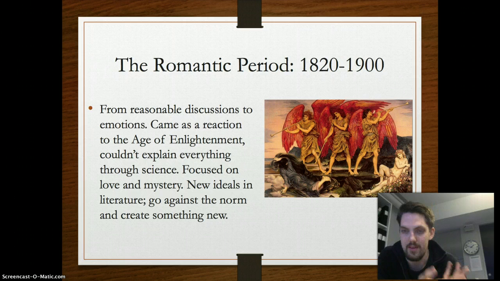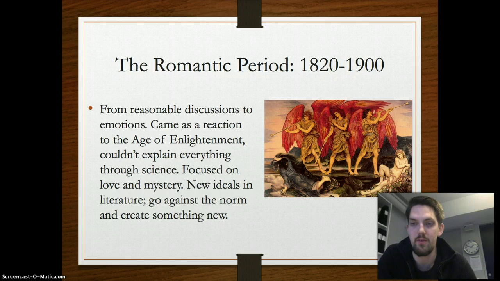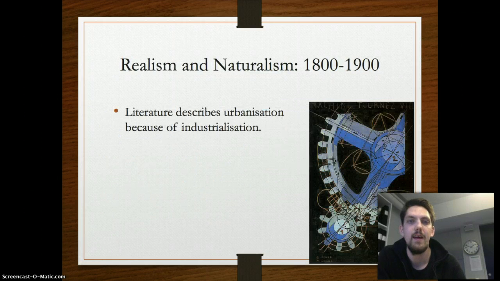So of course, as you can see from the title, the Romantic period has many of the great works, or love stories, written during this time. So emotions are very important here. Discussion is less important.